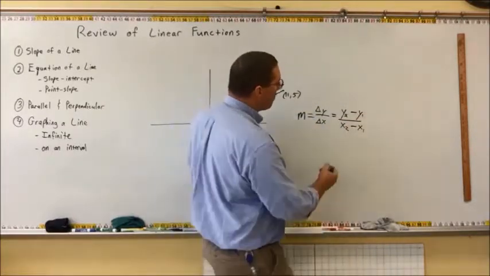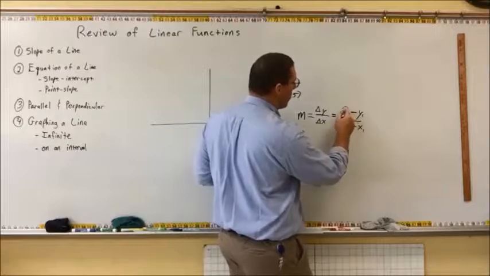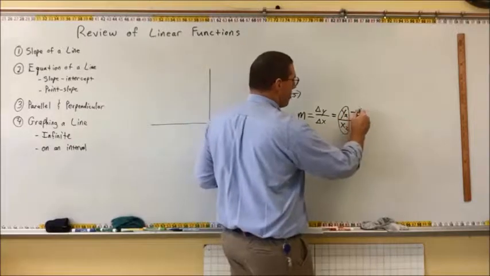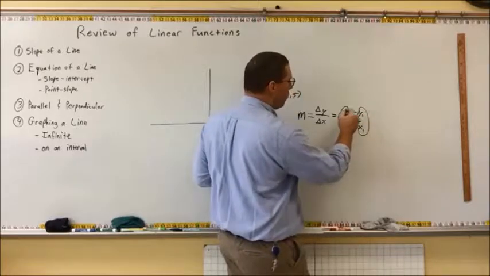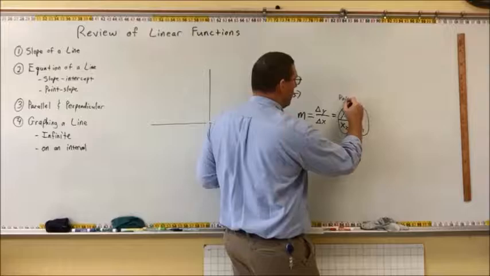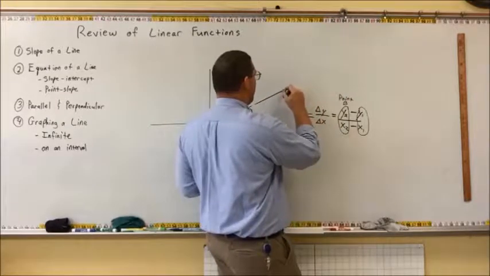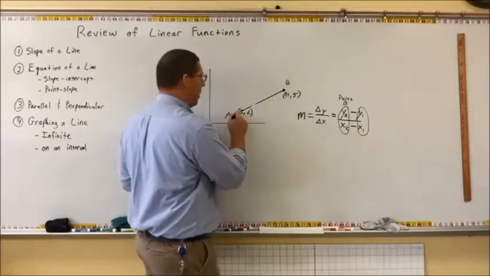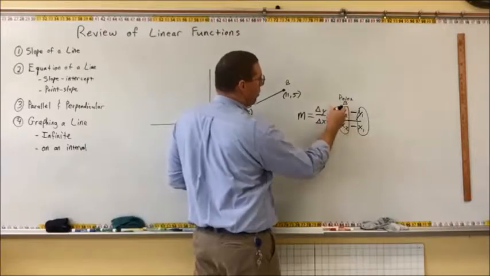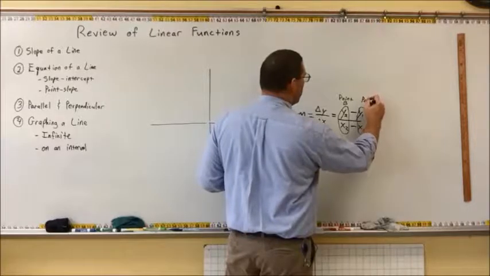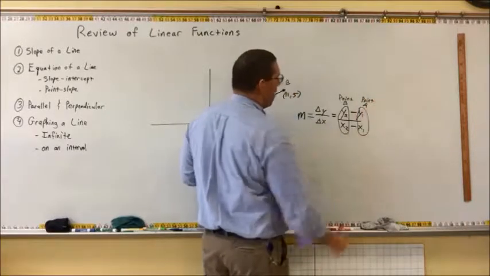This is one of the coordinates, and this is the other coordinate. Let's say this is point B right here, and this is point A over here. So this is the xy coordinate for point B, and this is the xy coordinate for point A.